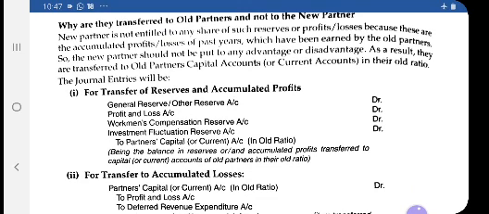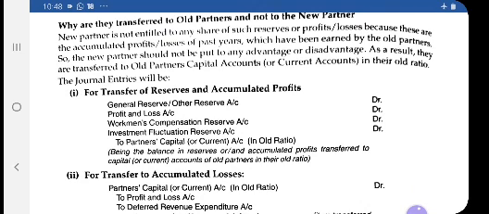So if there is this type of reserve and in the additional information there is no claim or no change in the value of investment, then the whole amount will be distributed among the old partners in their old ratio.